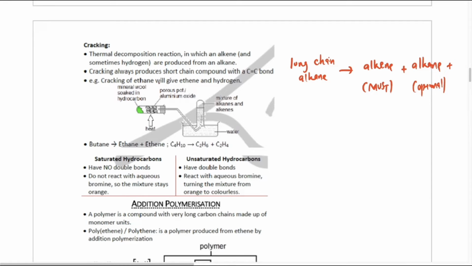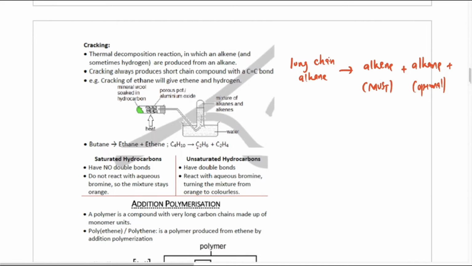Cracking of ethane will give ethene and hydrogen. So how? You see mineral wool soaked in hydrocarbon. So this is where you have the ethane. Then you heat up the porous pot or the aluminum oxide. Cracking happens, mixtures of alkane and alkenes.